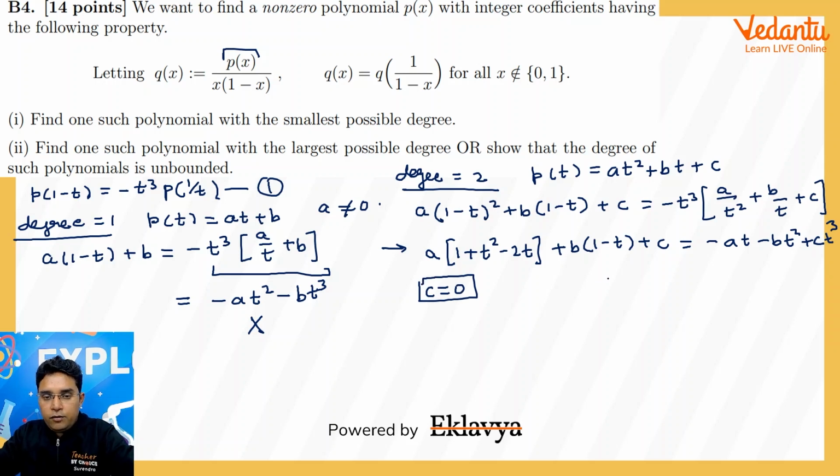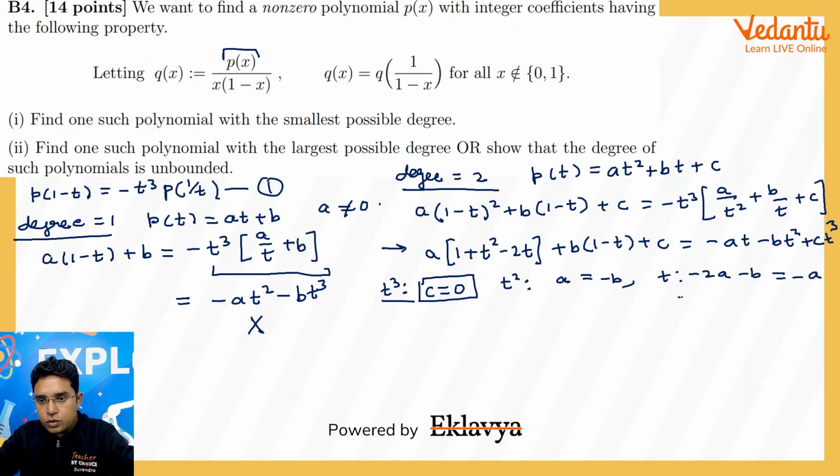Okay, now if I compare, this is because there was no t cube term on the left hand side. Similarly, if I compare the t square term, it will be a here and it will be minus b here. So we will be getting a equal to minus b. Similarly, for t, if I compare, we will get minus 2a minus b, and that will be equal to minus a.